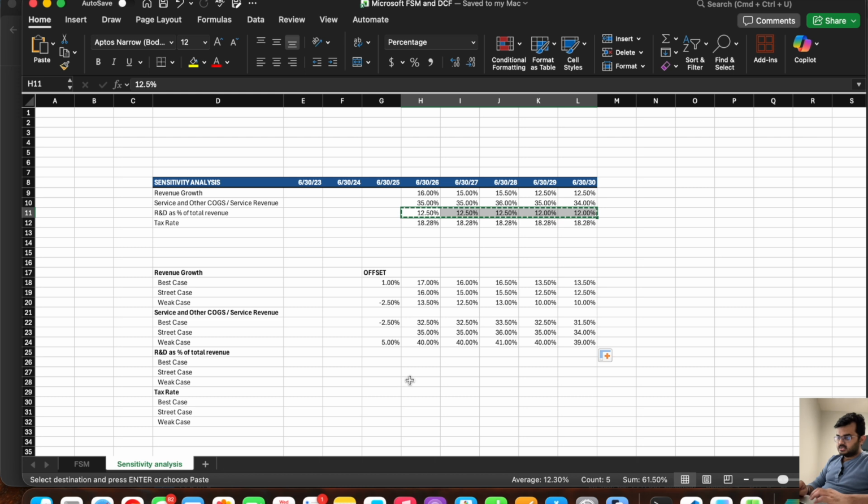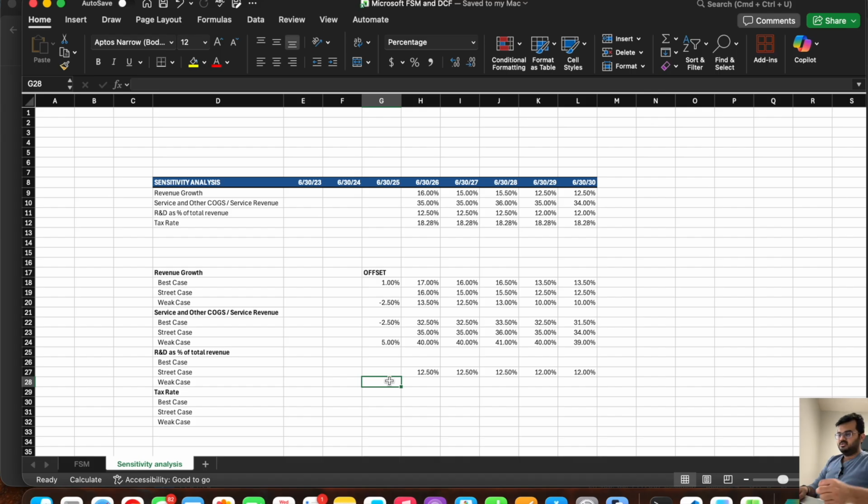Similarly for the research and development. In the best case, the company is not spending a lot of money on R&D, which will increase our net income. But by the end of the day, the company needs to spend a lot of money on R&D so that they will get better products out of it. So I'm assuming negative 2.5% offset for the best case, where they are not spending money.